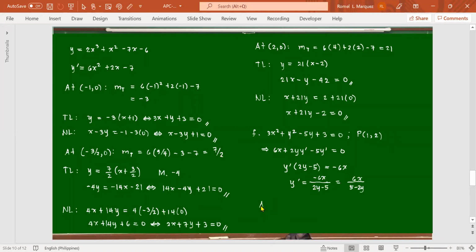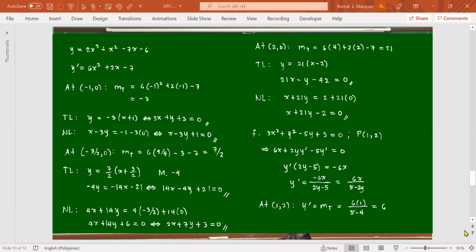So at the point 1, 2, what is y prime, which is the slope? 6 times 1 over 5 minus 2 times 2. So 5 minus 4, and that is 6. Correct, guys?